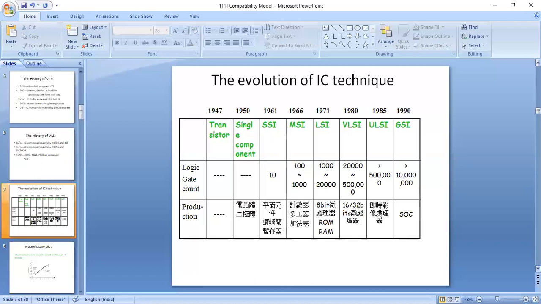VLSI using BJT will offer high speed, while MOSFET is meant for high density.